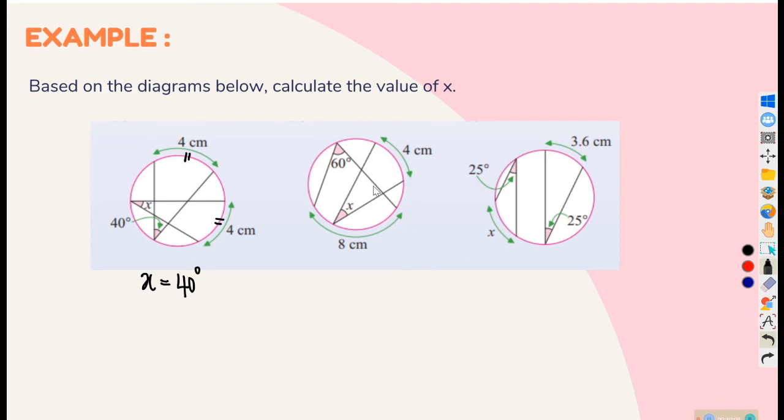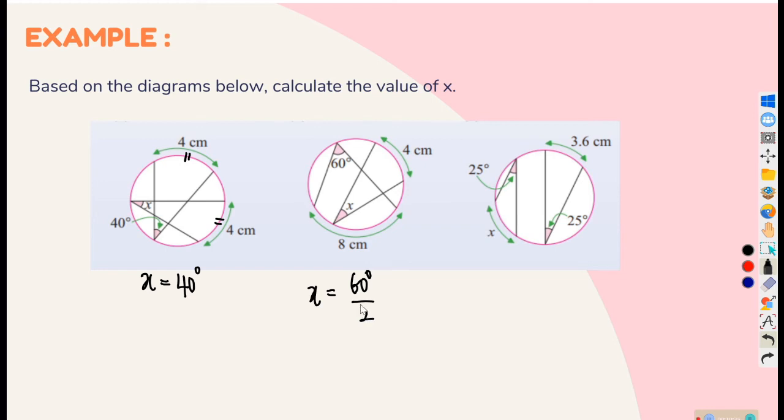The second one, we see that this one is proportional. This one is 60 degrees, this arc length is equal to 8 cm. If this length here is 4 cm, how to get x? So x is equal to 60 degrees over 2.